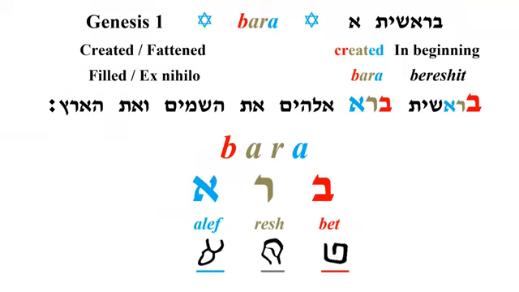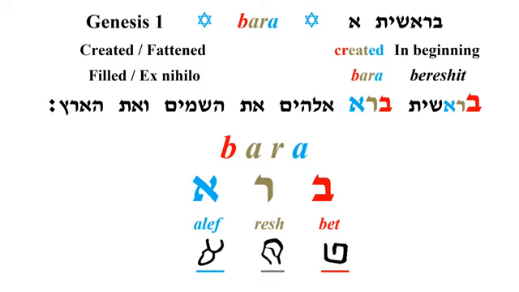And this word bara is not a word that anybody can use except God. He uses it 3 times in Genesis chapter 1, and he uses it very sparingly throughout the rest of the Bible. It's something that only God can do. You don't ever see man baraing anything. Only God bara. It also implies creating out of nothing, ex nihilo.